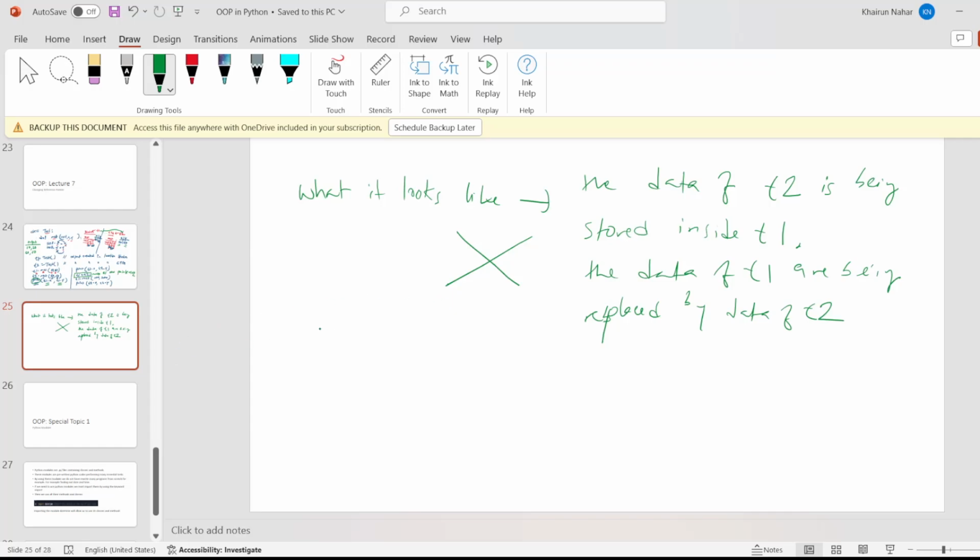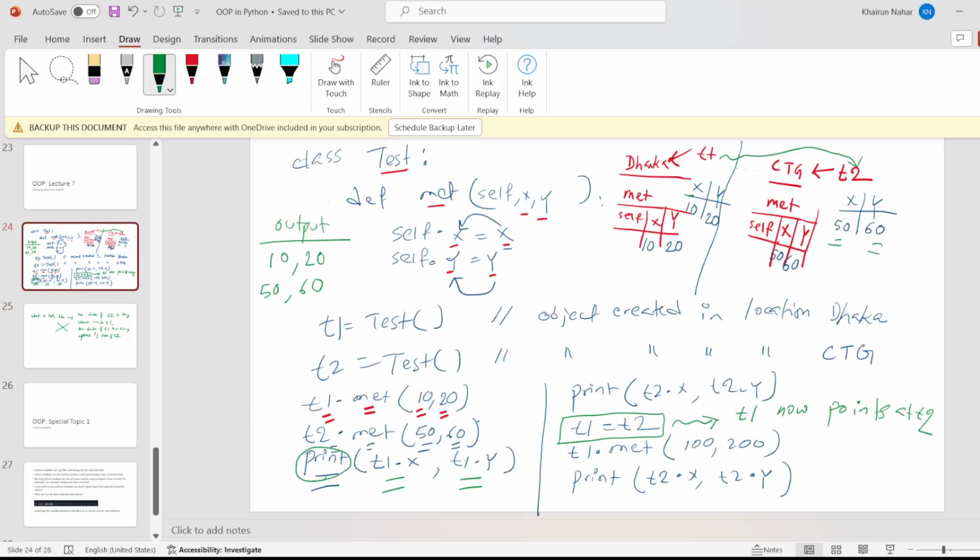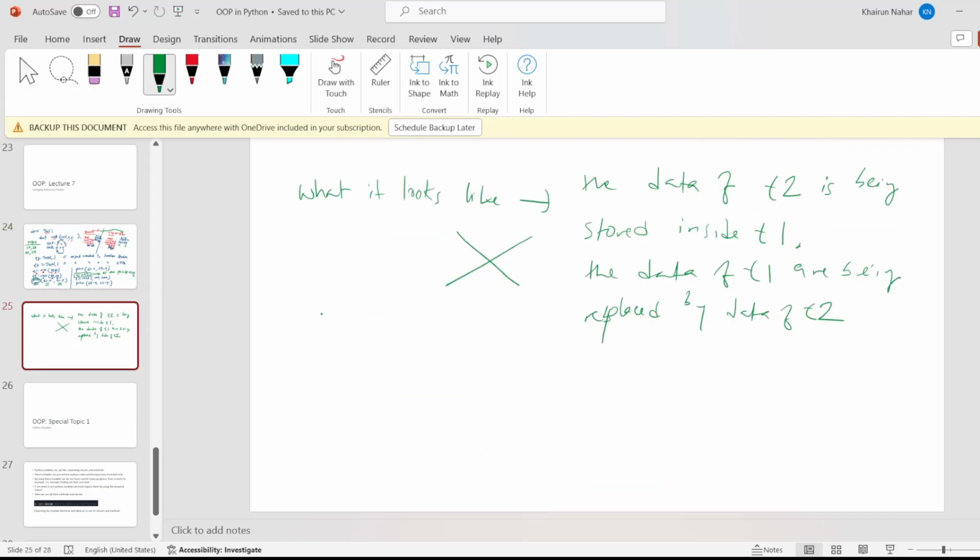But what actually happens is, over here, T1 now points at T2.